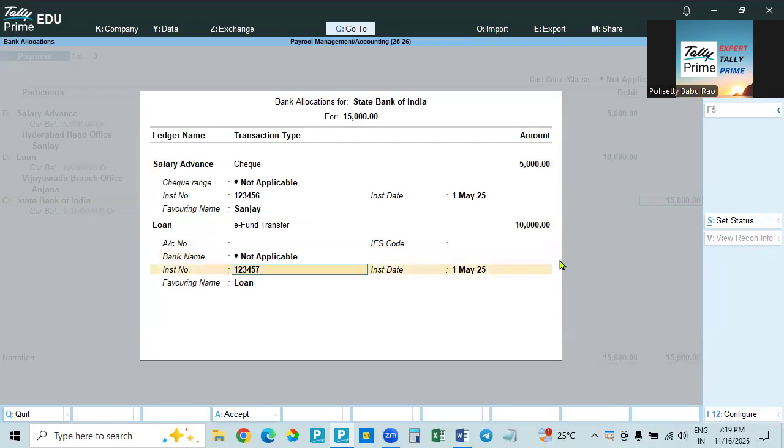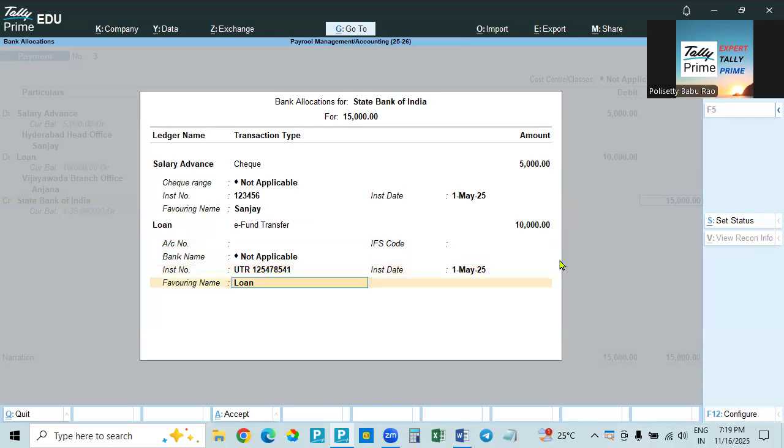Here the instrument number will not be there; it will be the UTR number. When you transfer by e-funds transfer, the bank gives a UTR number, some number like 1, 2, 3.